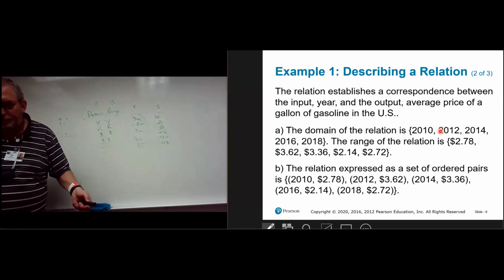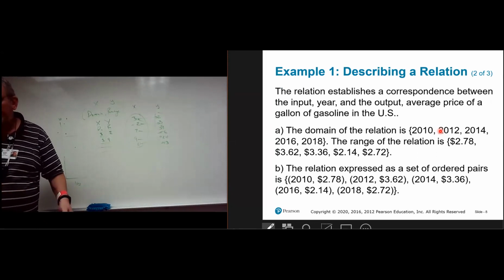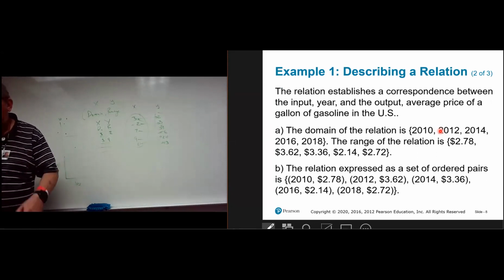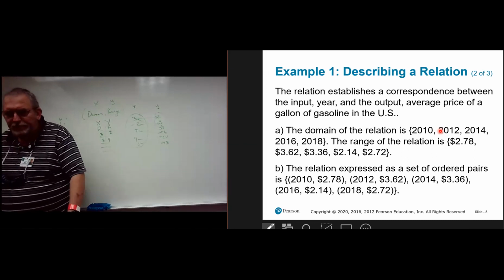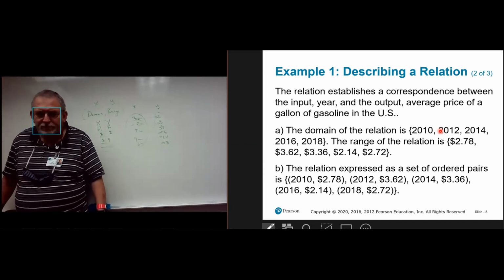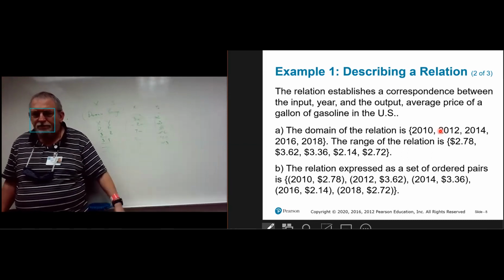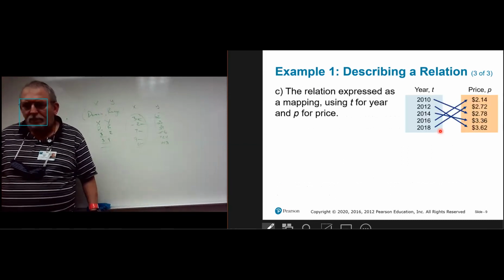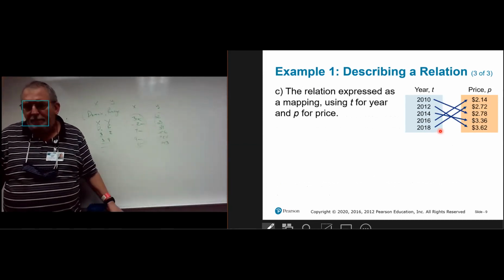The ordered pairs, well, 2010 with 278, 2012 with 362, 2014 with 336, 2016 with 214, and like that. And here's using a mapping.